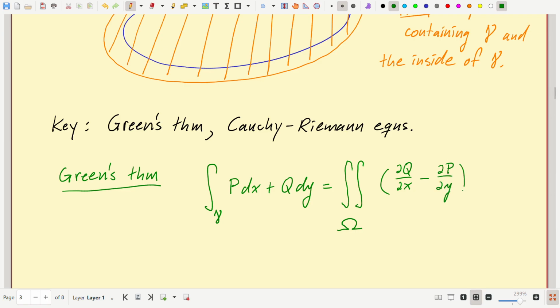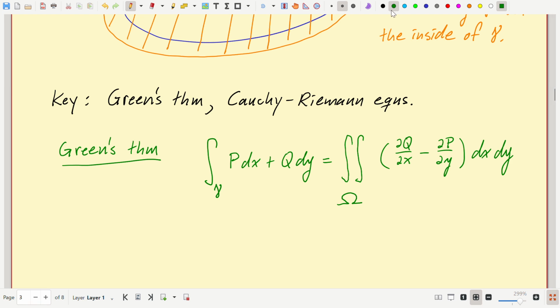In the case of a disk, this is a very elementary theorem just involving the fundamental theorem of calculus. Here gamma is a simple closed curve, omega is the inside of gamma, and this dx dy is the element of area, dA.